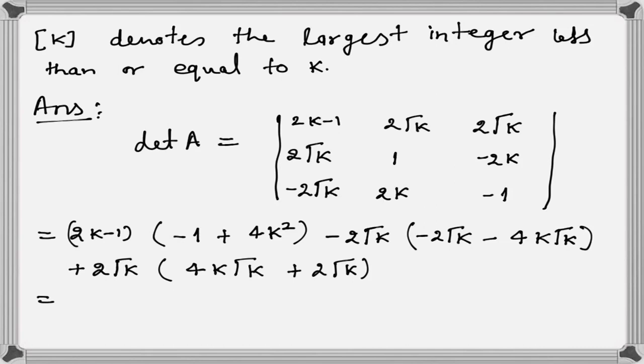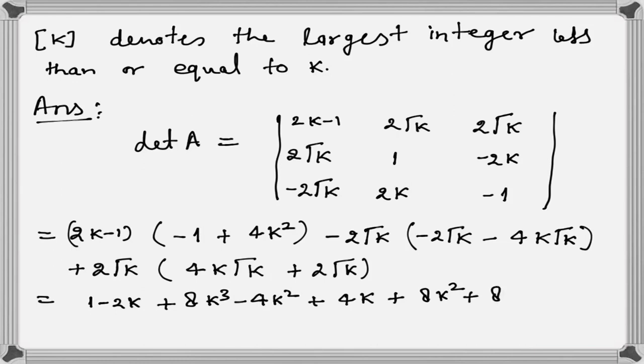So 2k minus 1 multiplied by minus 1 gives 1 minus 2k plus 8k cube minus 4k square plus 4k, plus 8k square, plus 4k.